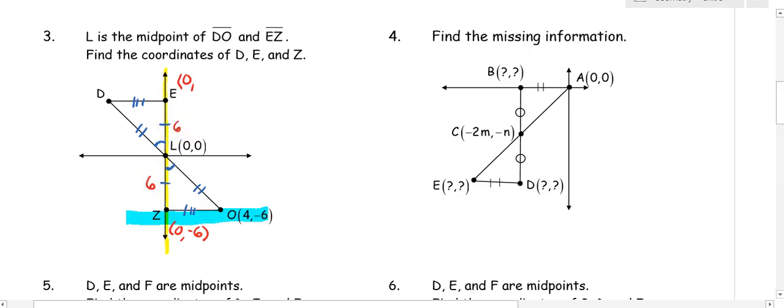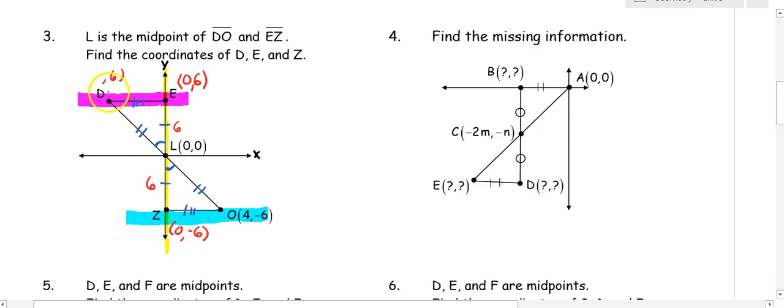So to find the coordinate of E, from L we went up 6, so 0 plus 6 would get us a y-coordinate of 6. And it's positive because it's above the x-axis, because remember this would be your y-axis and this would be your x-axis, and we're following the coordinate rules. So now to get D, we see that D is even with E, so it's going to have the same y-coordinate, which is 6.